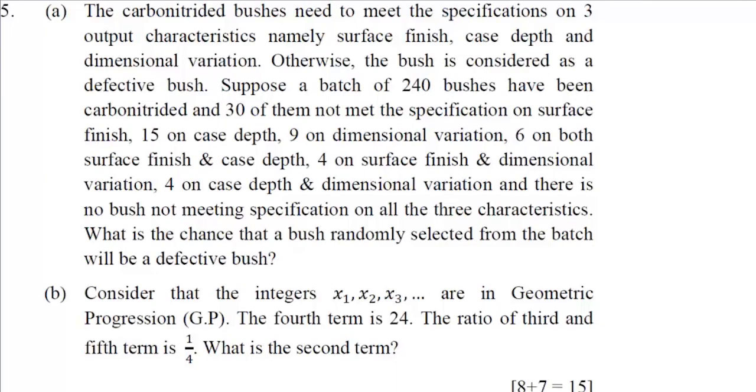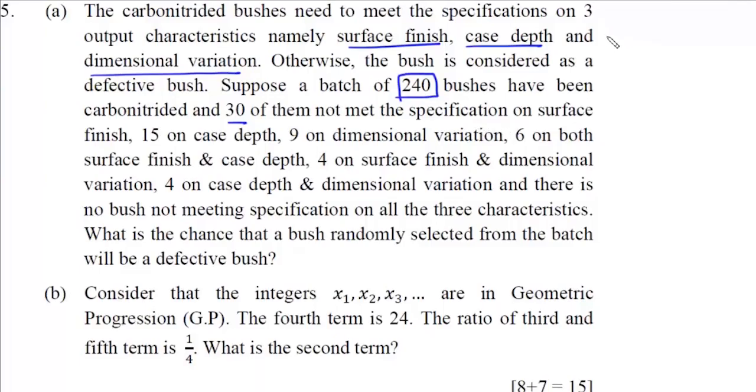Now question number 5 is, the carbonitrided bushes need to meet the specifications on surface finish, case depth and dimensional variation. Otherwise the bush is considered a defective bush. Now we have a batch of 240 bushes, and out of them 30 do not meet the specification on surface finish.